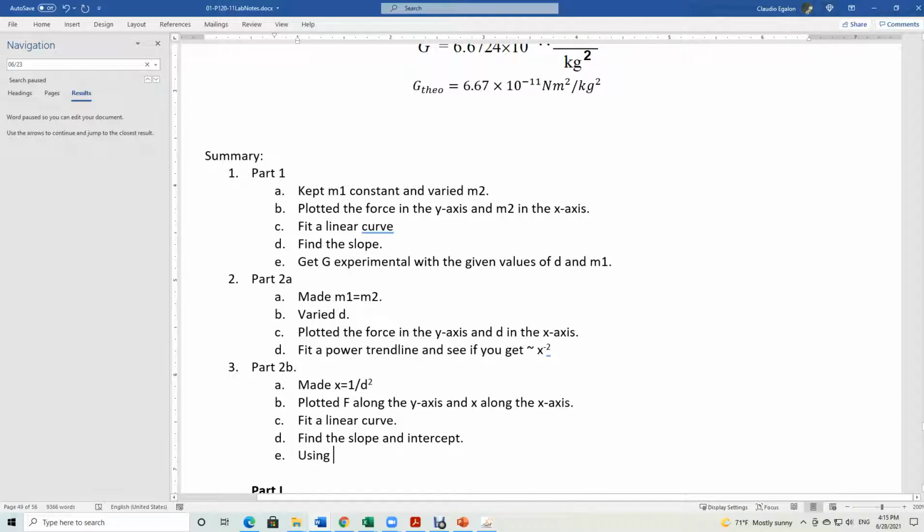Using G experimental in part 1, find the value of the masses. Okay, that's what we did.